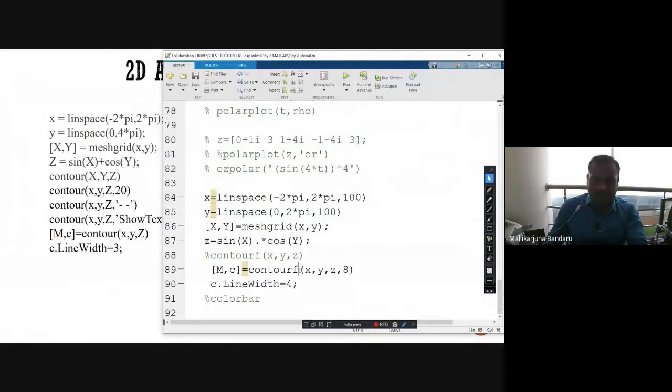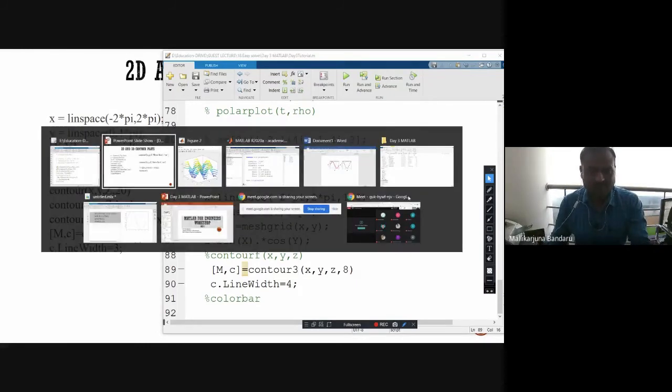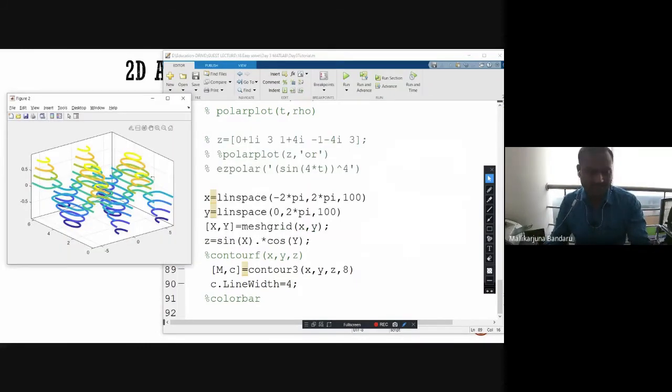I've just shown you what contour 3 is. I think line width, I'm not sure. Let us see. Yeah, this is in 3 dimensional.